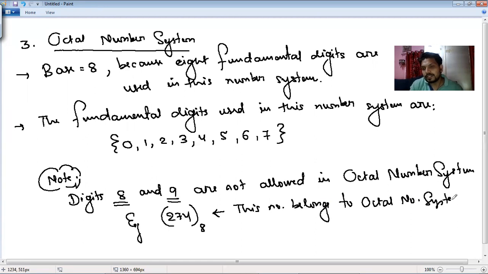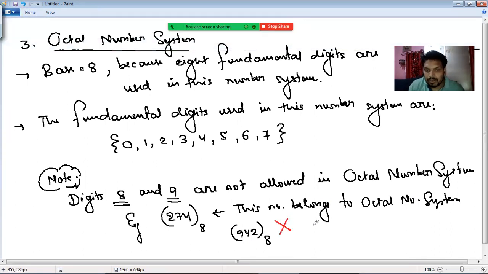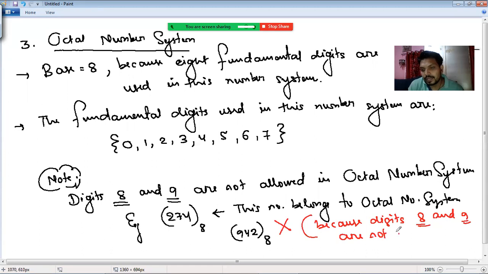If I write 942 base 8, this is wrong, because digit 9 is not allowed. Digits 8 and 9 are not allowed, and here we have used the digit 9.